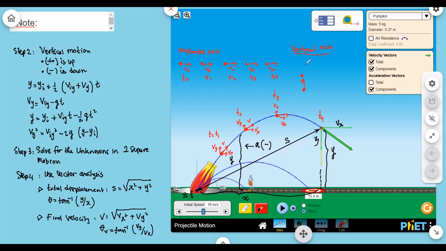Continue. And then at a certain point, the particle or the projectile will go back to the ground.